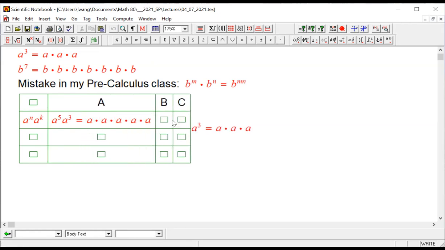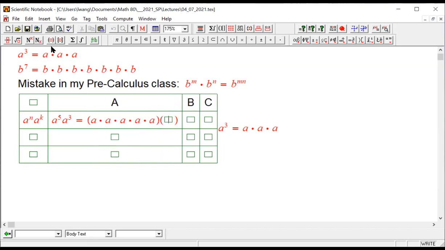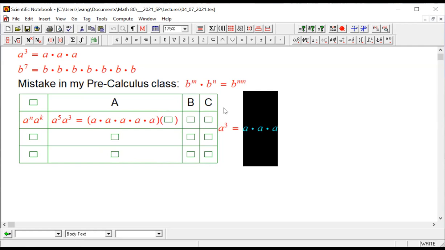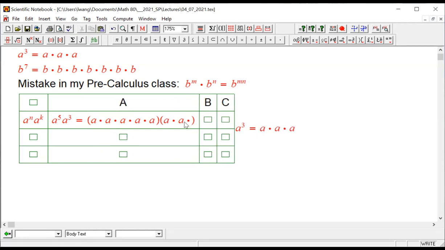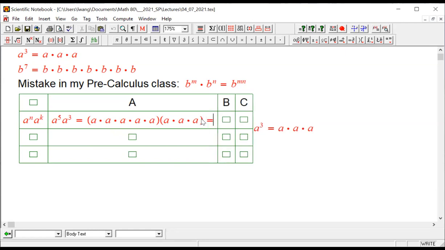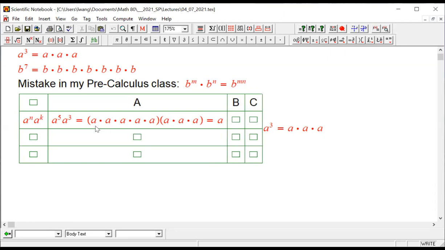That's a to the power 5. And when you put them together, how many a's are in the multiplication? You just have to count the number of a's: 1, 2, 3, 4, 5, 6, 7, 8. 8.